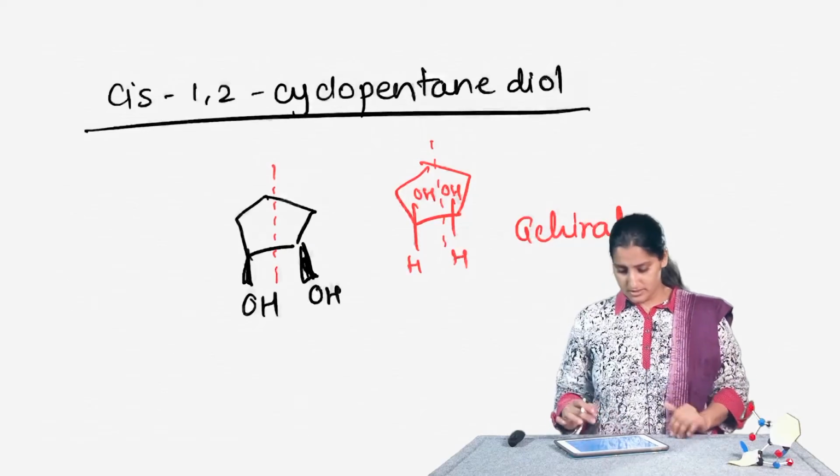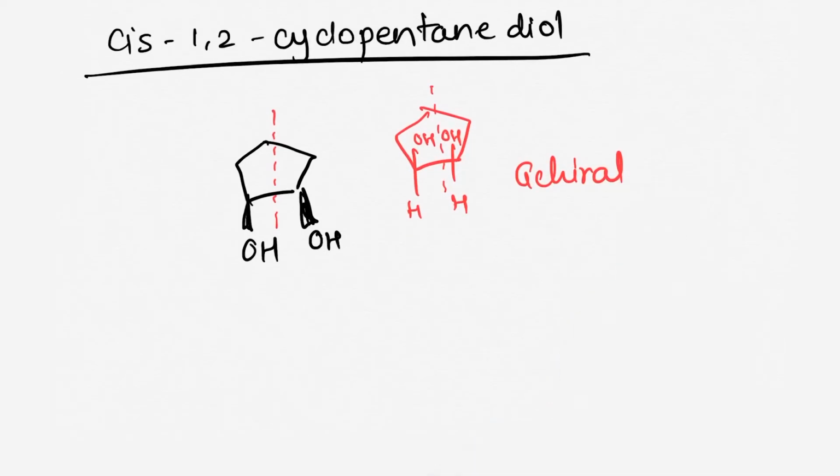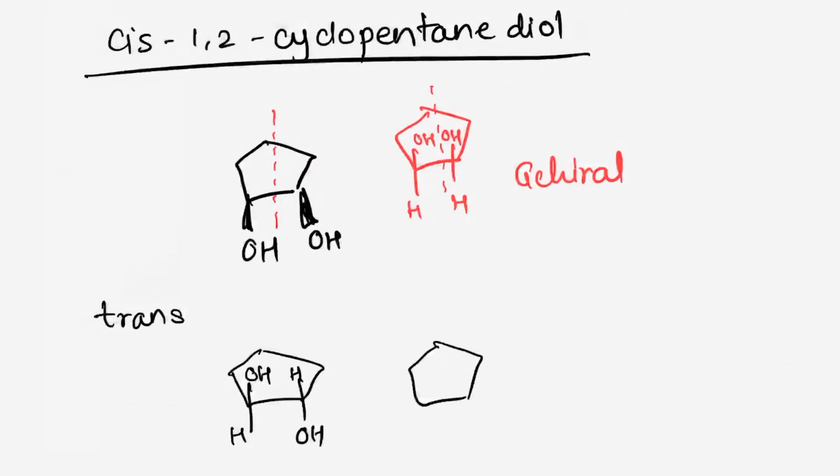If I make this trans, so instead of cis, if we now talk about trans 1,2 cyclopentane diol, one of the OHs is coming towards you, whereas the other OH is going down, right. So, something like this.